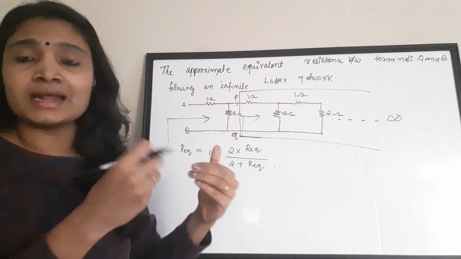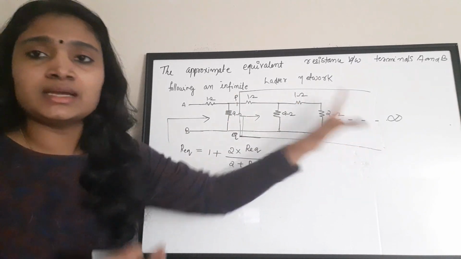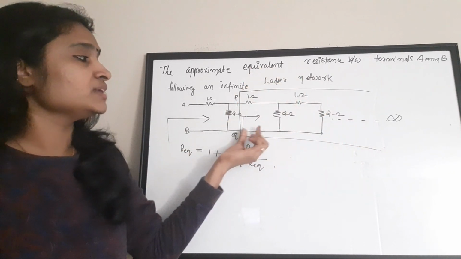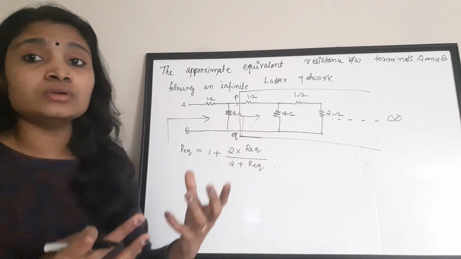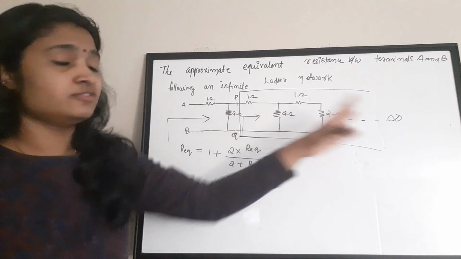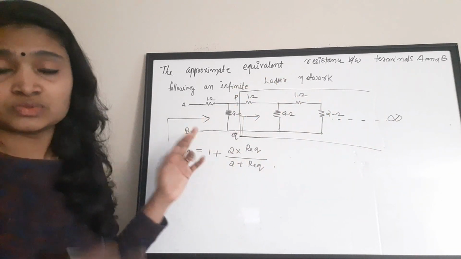If it had some limit, you could have solved that much to that limit, found that equivalent, and then that equivalent would be in parallel with 2 ohm. But we don't know what the limit is. Since it is going in an infinite way, we can call this also Req. So that is a key point.